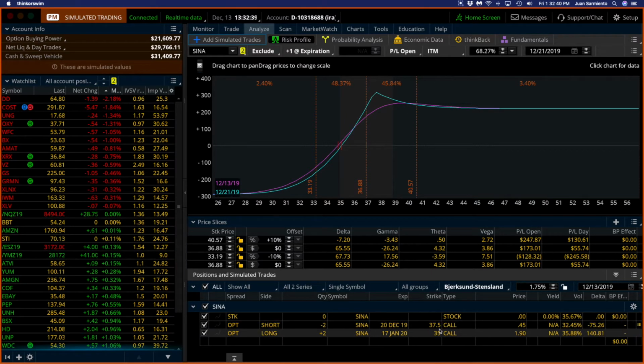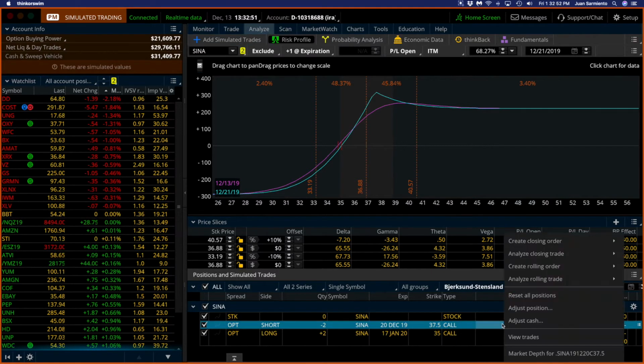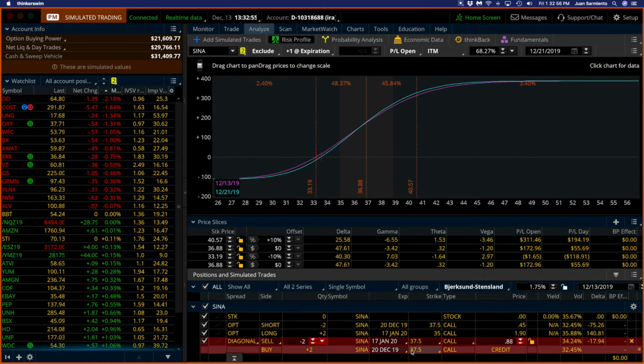You can roll it over, which means you buy back these December 20 calls that are very, very close. 45 cents is what I got out of them. So, analyze rolling to January the 20th. In that way we get 88 cents.